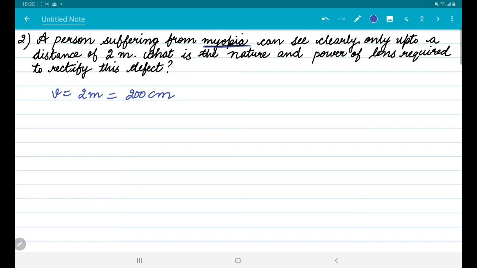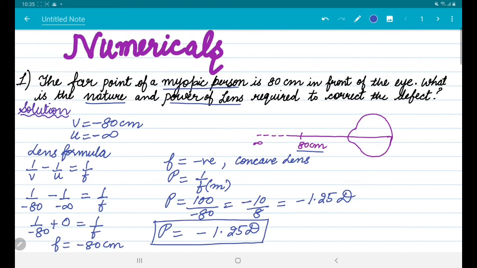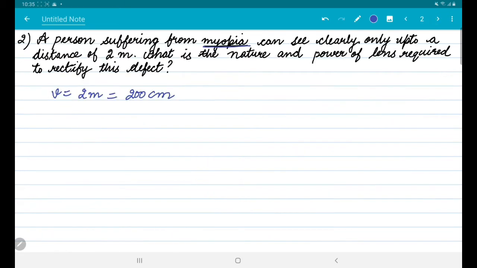If we see the previous question in the diagram, the same diagram will be followed for the second numerical. Here u will be negative and v will also be negative. So you have to just remember that you have to take both u and v with a negative sign. Now we'll use lens formula, 1 by v minus 1 by u is equal to 1 by f.